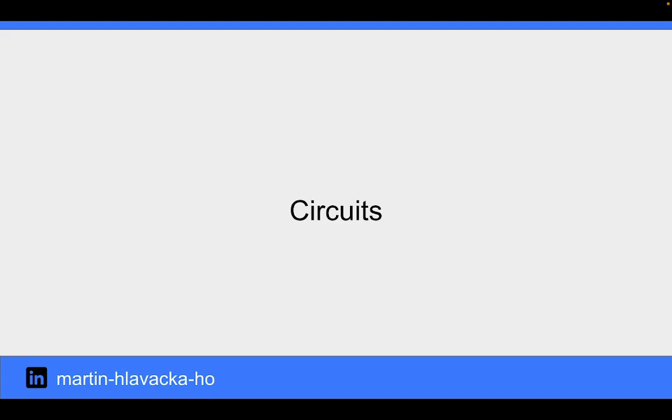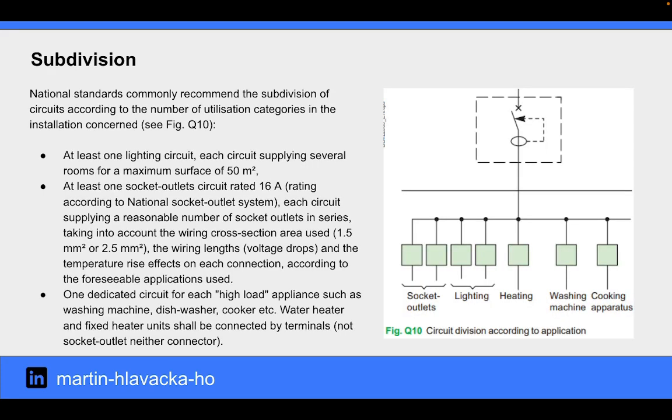Circuits. National standards commonly recommend the subdivision of circuits according to the number of utilization categories in the installation concerned. At least one lighting circuit, each circuit supplying several rooms for a maximum surface of 50 square meters.